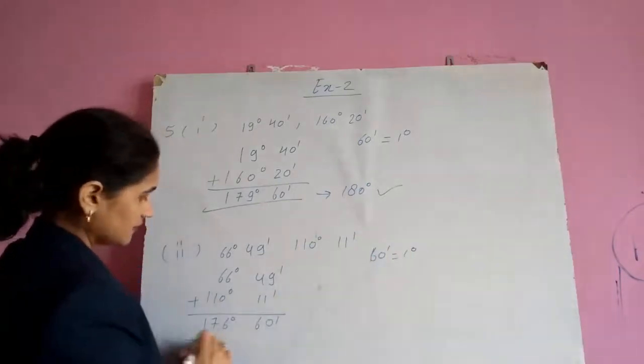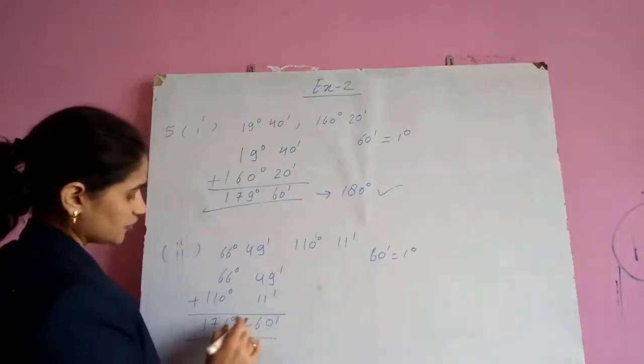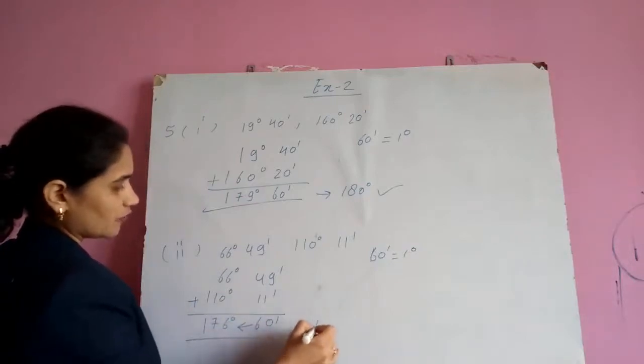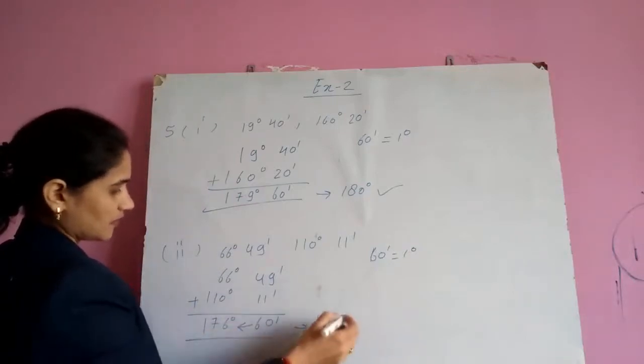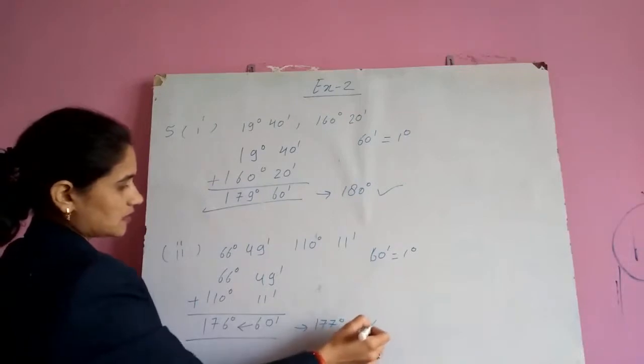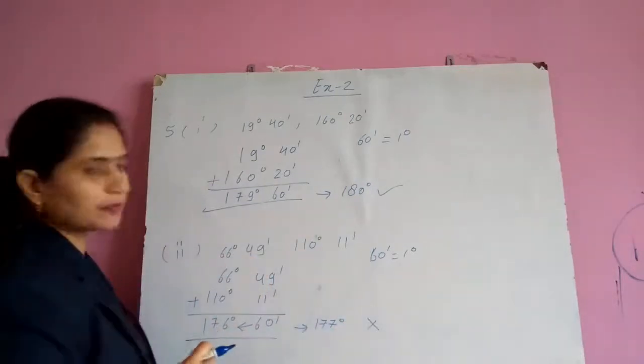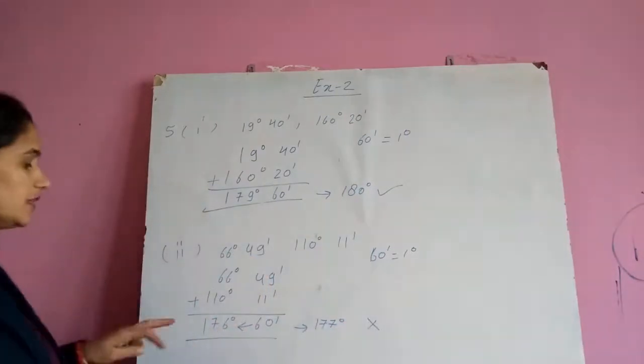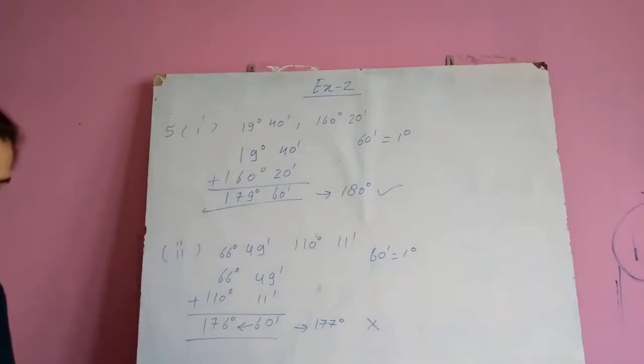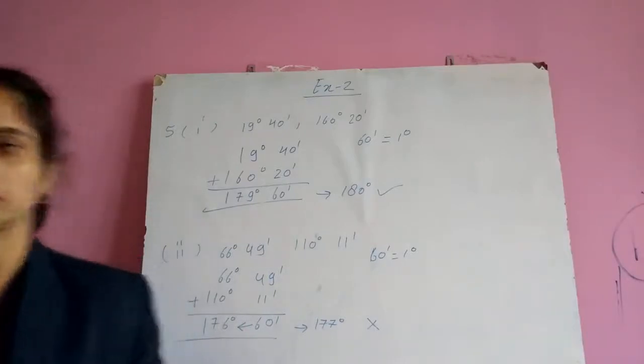We will add 1 degree here and change it into degree. We will get 177 degree. This is not a supplementary pair. Okay, students? Like this we will try the third and fourth part.